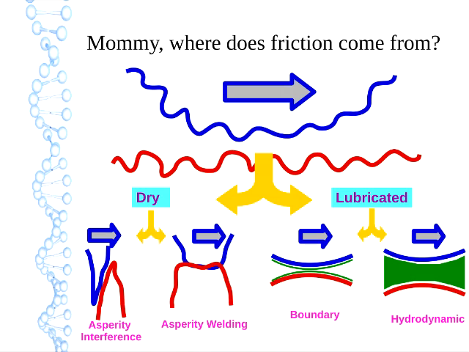First is when two asperities collide with one another. So they either have to push one out of the way, break the other off, get pushed around it, or slide over it. That's asperity interference.